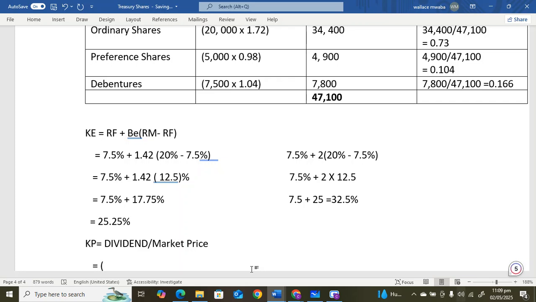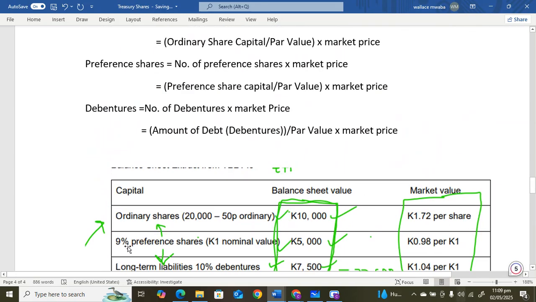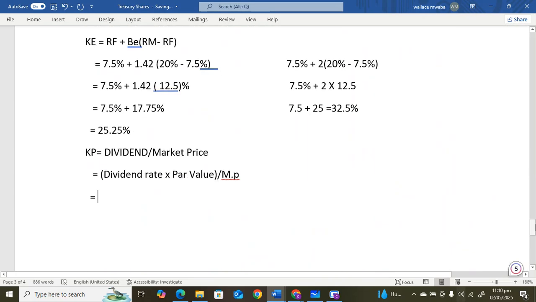How we get the dividend for the preference shares is the dividend rate times the par value, or the nominal value, or the book value. So in our question, the dividend rate is given to us here, 9%. 9% of one kwacha divided by the market price 0.98.